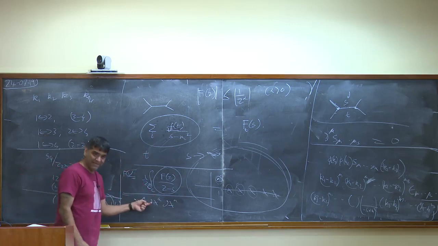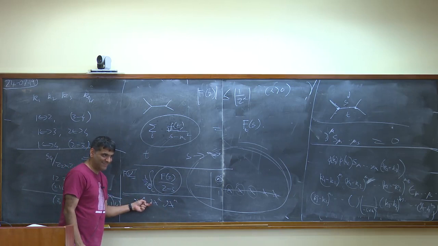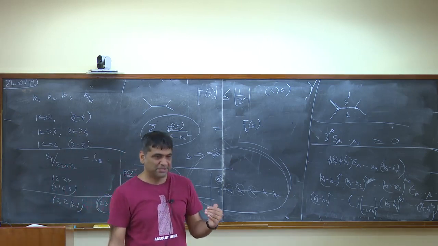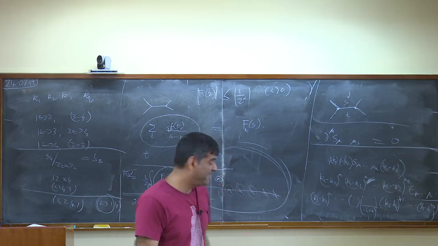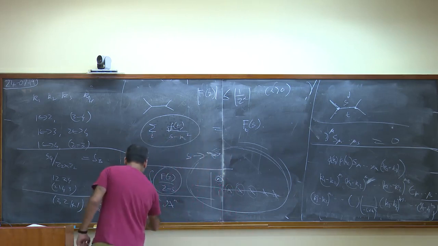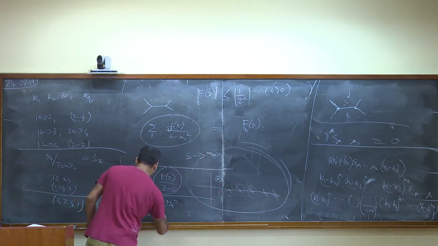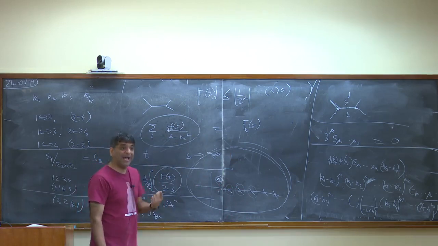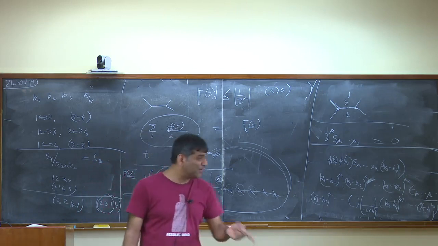So every time you add a spin, you add one oscillator number. You can of course, by taking del x mu, add oscillators without adding spin. But there's never a way to add spin without adding oscillator.